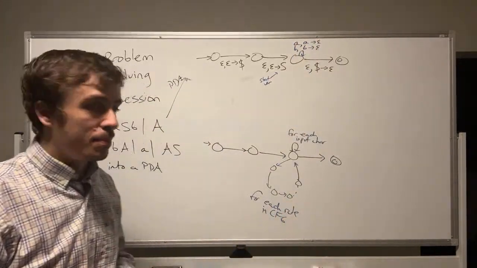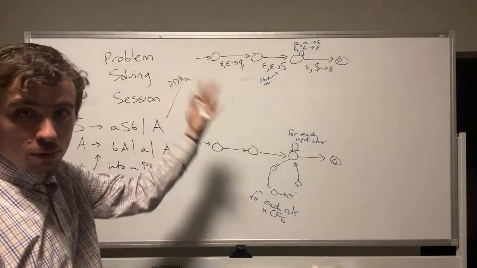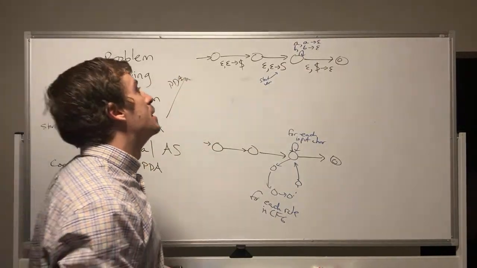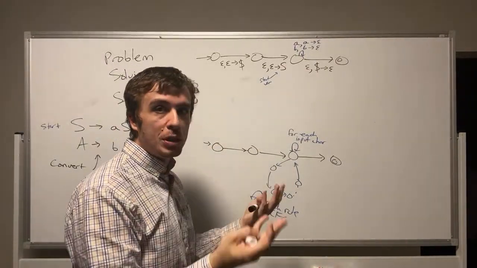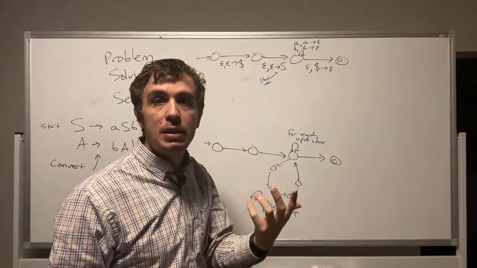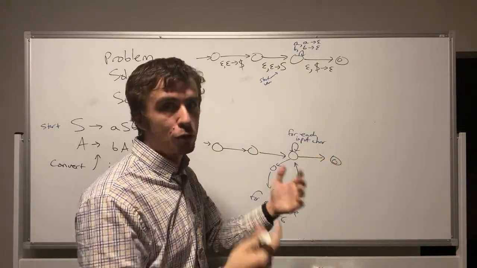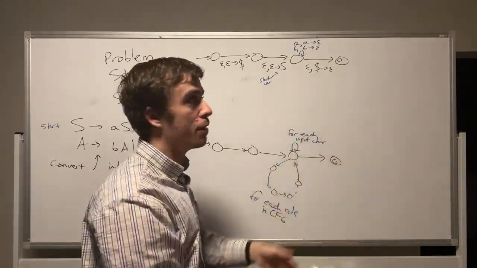That doesn't depend at all on the grammar, you just do that regardless. Because we're going to be producing terminals on the stack, and we want to match them up. Because it's a context-free grammar, whenever we produce a terminal, it'll never change, because we can only replace variables with other stuff.